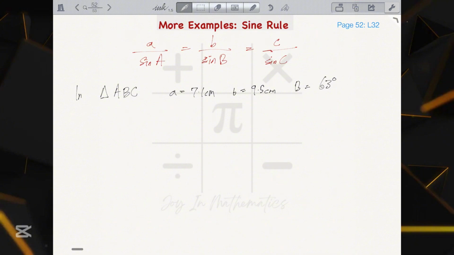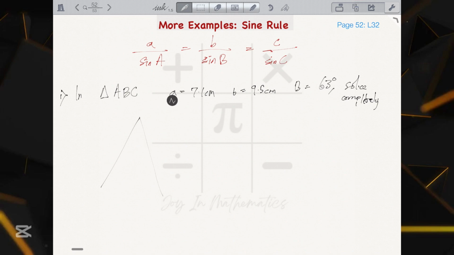Now, the questioner says we should solve completely. When the question says we should solve completely, that means we should find the remaining angles and the remaining sides. So let's draw the triangle so that we'll have a vivid representation of what we're working with.